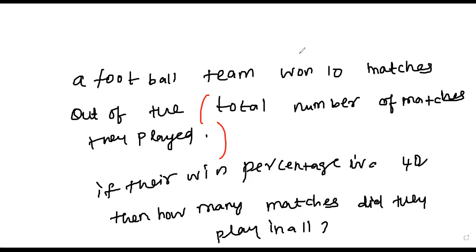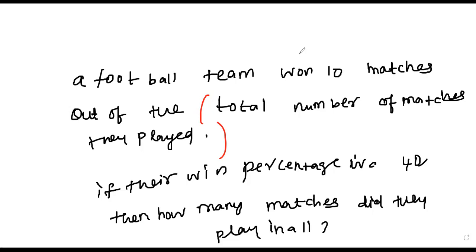4% of the total matches is 1. So one match is 4% of the total matches. So 25 matches is 100% of the total matches. Absolutely, so it would be 25. Yes, it is 25.